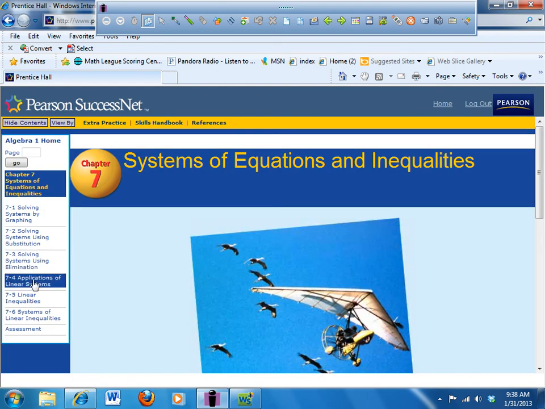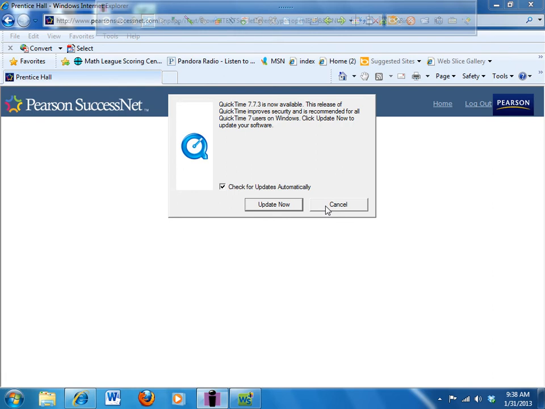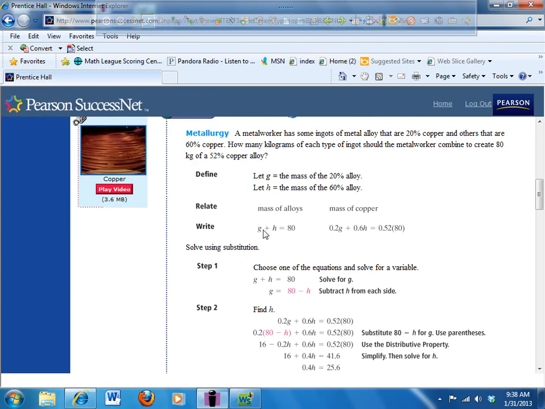So if we go to the student edition and we go to chapter 7 and we go to applications of linear systems, I just want to look at this problem right here. This is your pretty basic mixture problem, okay?